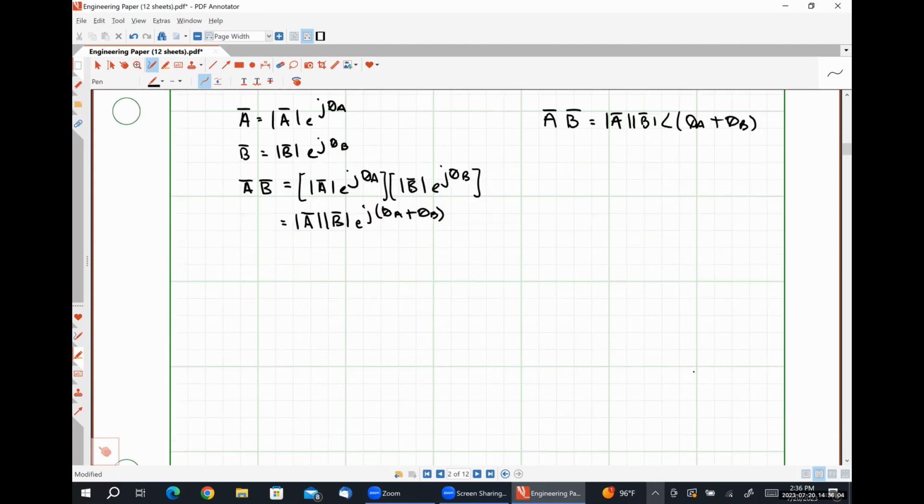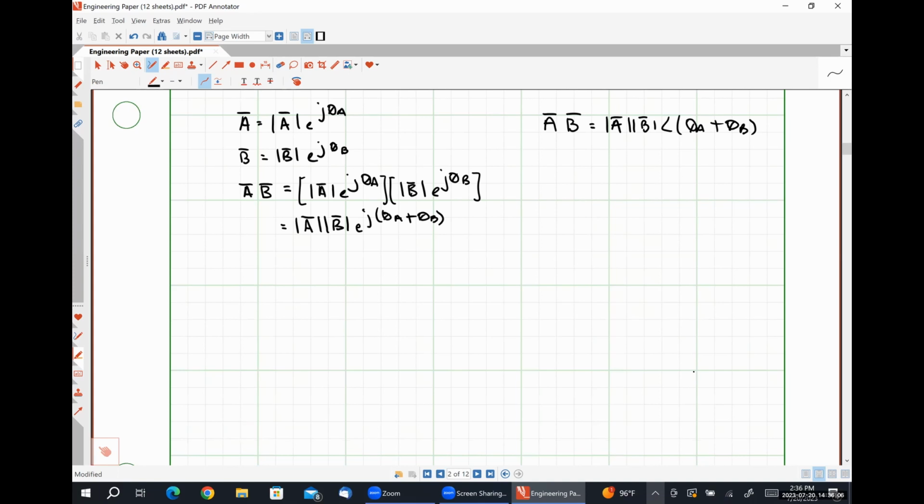Lastly, let's look at division. Starting out with rectangular form, I'll have A is equal to A plus JB, and B will be equal to C plus JD.